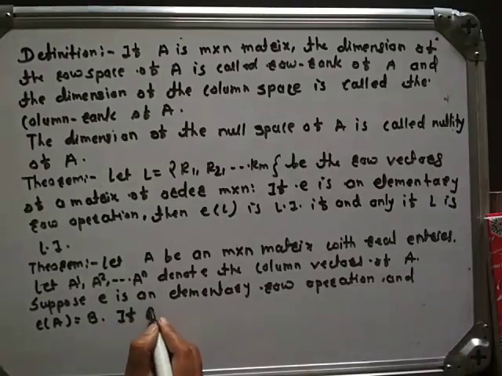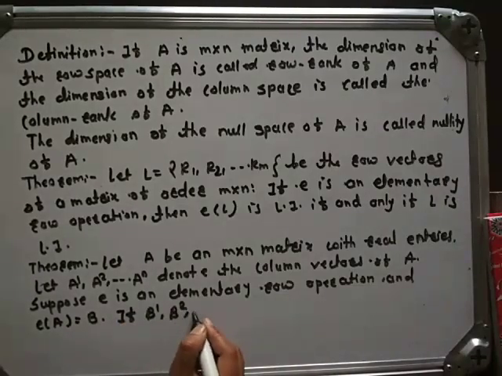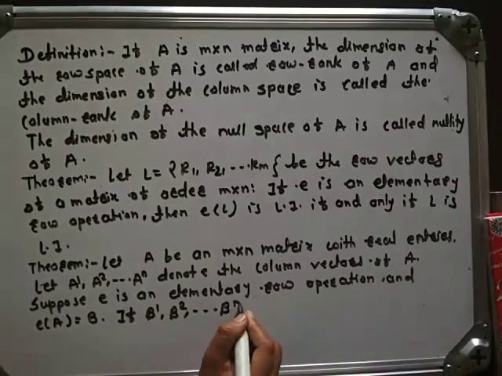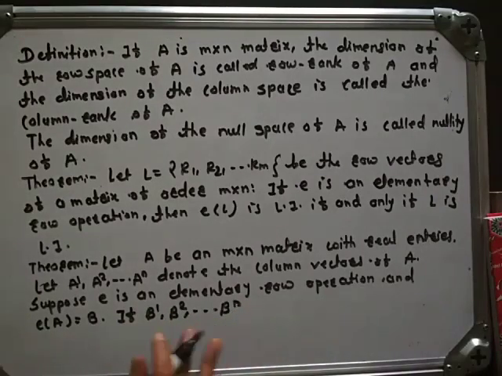If B1, B2 and so on up to Bn denote the column vectors of B. Note that these are not square or rectangular; these just denote the columns.